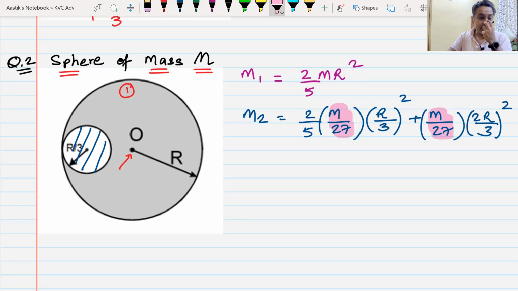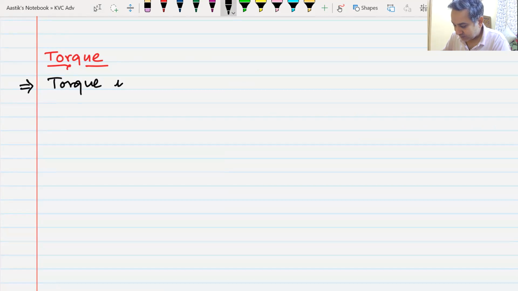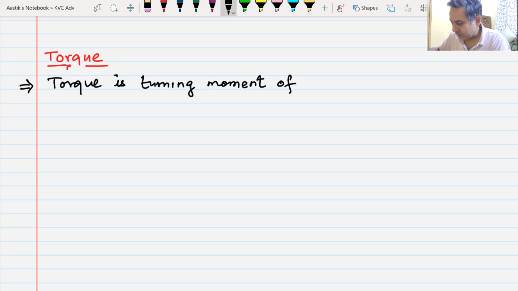And now we move on to the next heading, which is torque. What is torque? Torque is the turning moment of a force.